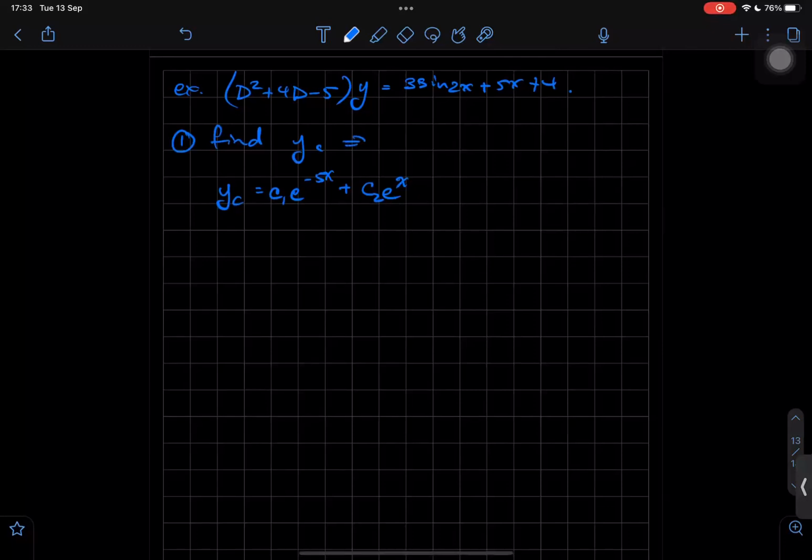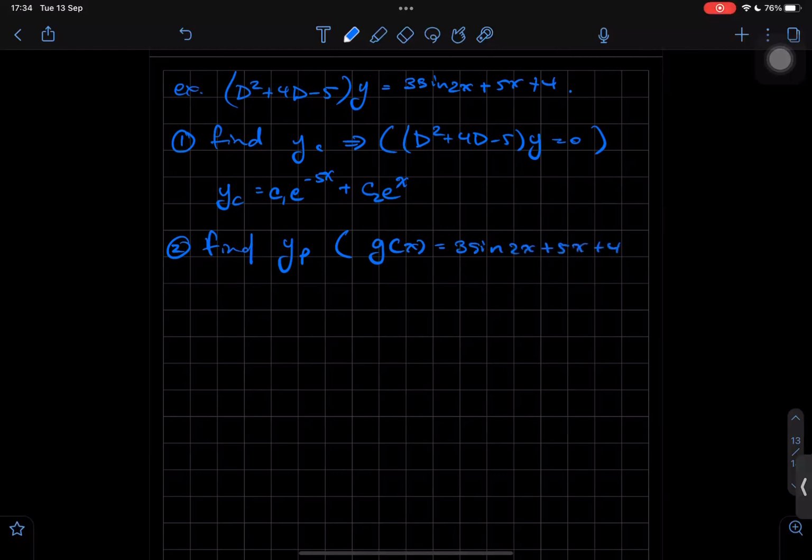You find the solution of D squared plus 4D minus 5, y equal to 0, and you will get this. Now find yp. We have g(x) equal to 3 sine of 2x plus 5x plus 4. This is g(x) and it is the sum of UC functions, right? So we make the UC set.